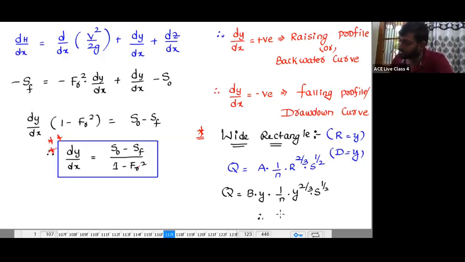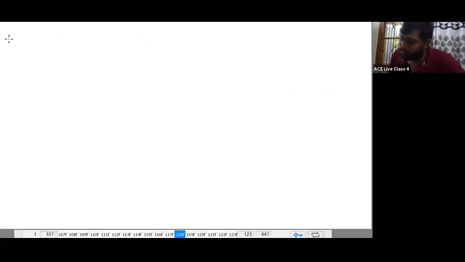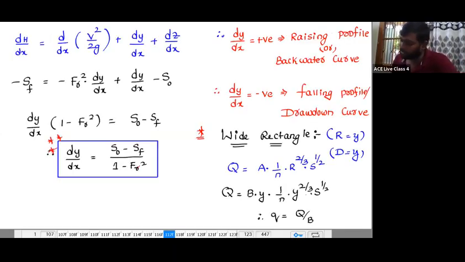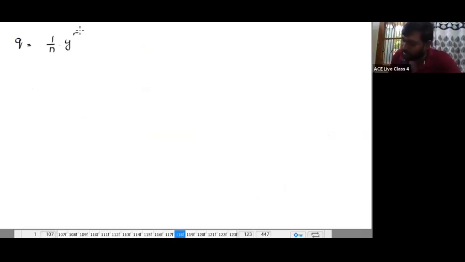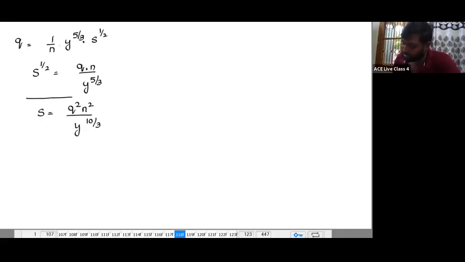Small q is nothing but capital Q by B. Then small q is equal to 1 by n into y into y to the power of 2/3, that is y to the power of 5/3, into S to the power of 1 by 2. Now, can I write this further as S to the power of 1 by 2 equals q into n by y to the power of 5/3? Or I can write S equals q square n square by y to the power of 10/3. This gives us a very good equation.